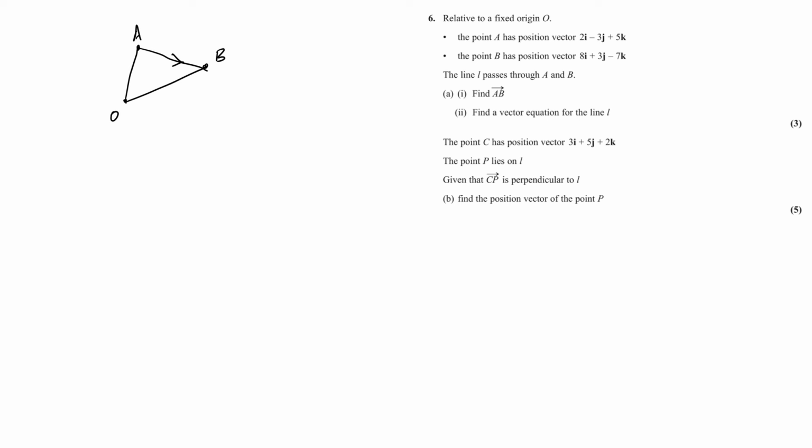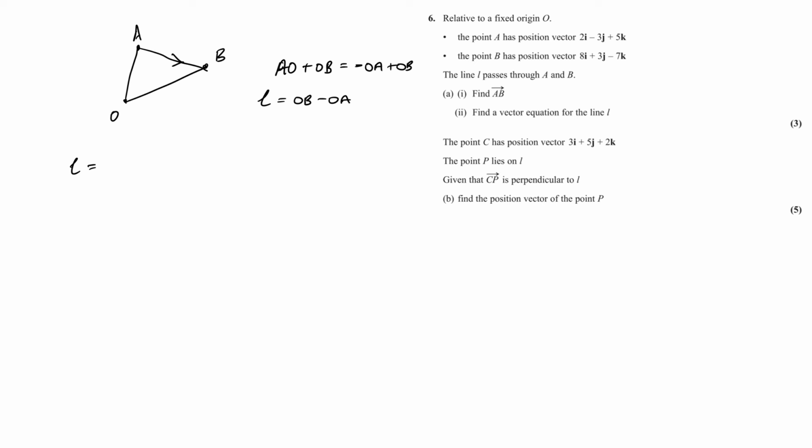So this means it's going to be A to O plus O to B. Or a better way would be that it is minus OA plus OB, or OB minus OA. So that is what we're looking for.